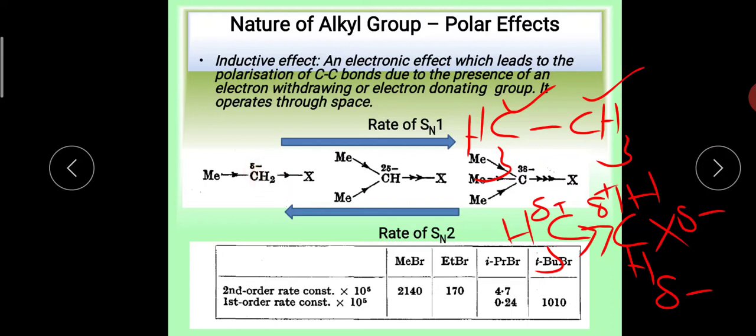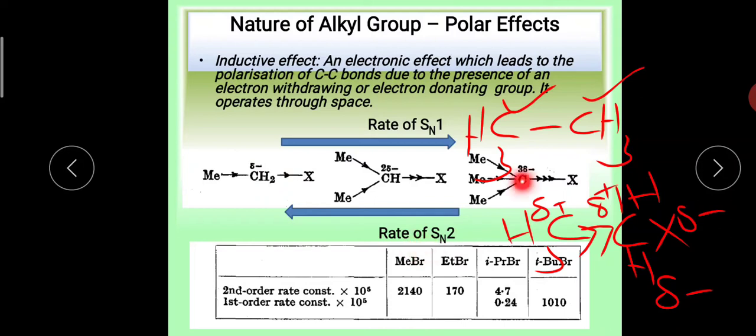But what you have to note down is, if you have a carbon attached to either 4 hydrogen, 3 hydrogen or 2 hydrogen, then it is called a primary carbon. So if you have a primary carbon attached to a halide group, then you call it a primary alkyl halide. And a primary alkyl halide would prefer your SN2 mechanism.